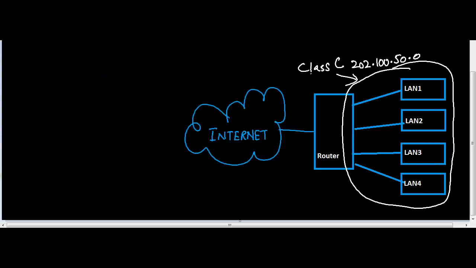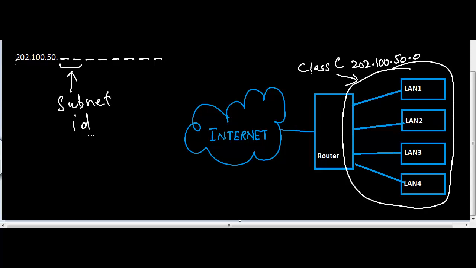This is a class C network address. So we have 8 host bits available to us. Out of these 8 host bits, we are going to use only 2 bits, the first 2 bits, for our subnet ID.